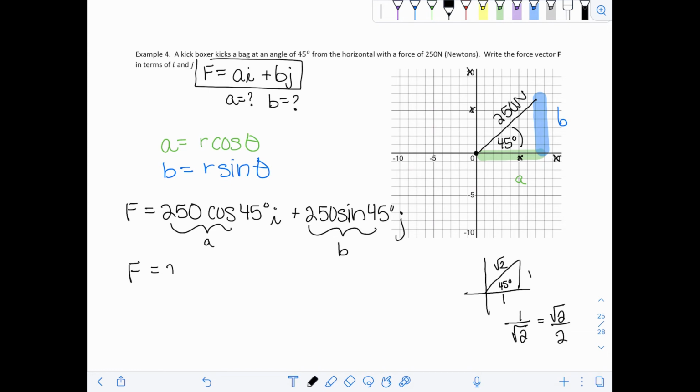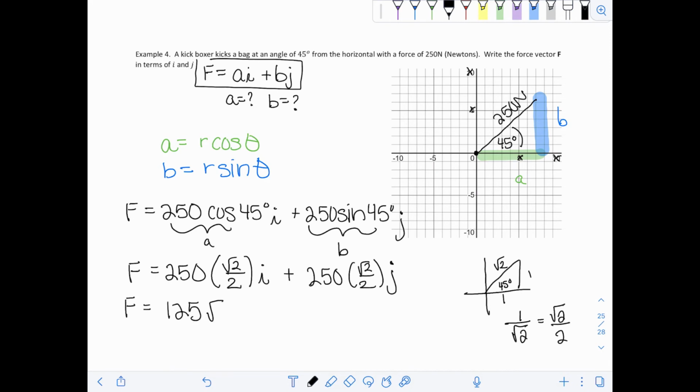So that becomes 250 times square root of 2 over 2 i plus 250 square root of 2 over 2 j. Simplifying a little bit more, we get 125 square root of 2 i plus 125 square root of 2 j. So if we want the exact answer for the vector, this would be the exact answer.